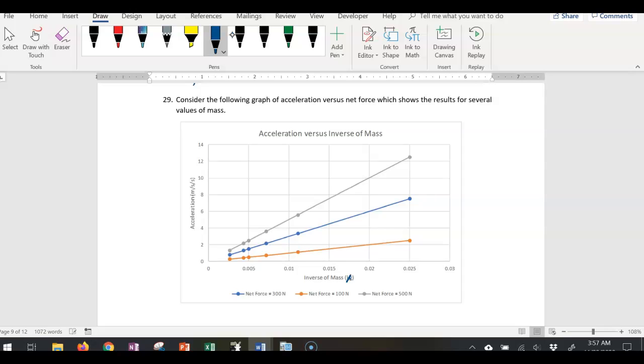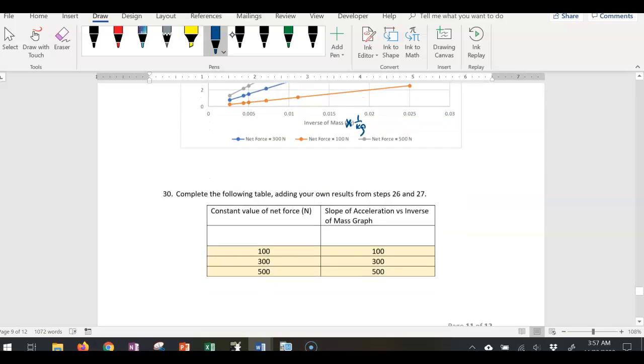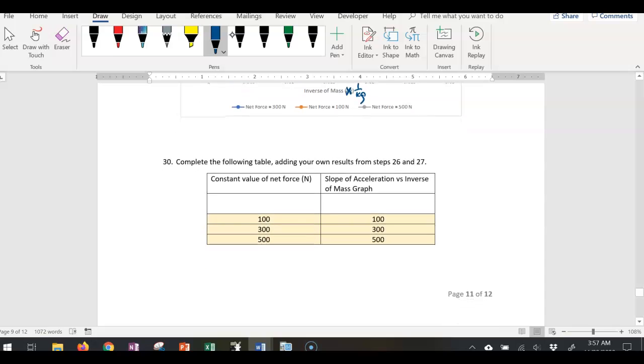Oh, by the way, this should be 1 over kilogram. See a little mistake here. We get different values of this slope. So let's look at this. I'm going to fill in. So our net force was 400, and I would fill in the slope of that acceleration versus inverse of mass graph. And looks like probably we got 400, I hope, as our slope.